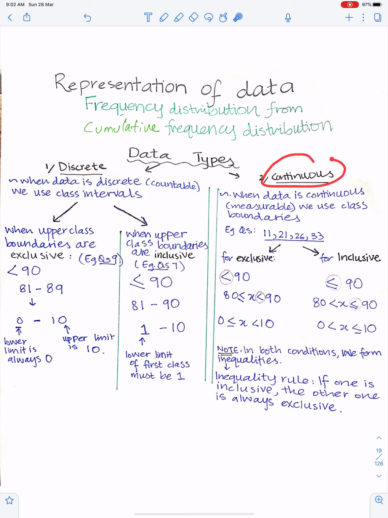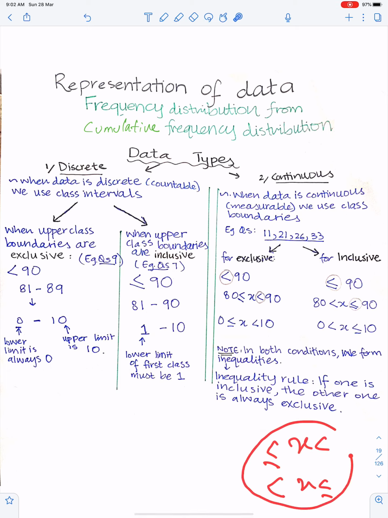Well, when data is continuous, like in these questions 11, 21, 26 and 33, we will go for class boundaries and we will use inequalities for that. We have 2 options, this and this. For exclusive, use this option. For inclusive, use this option.